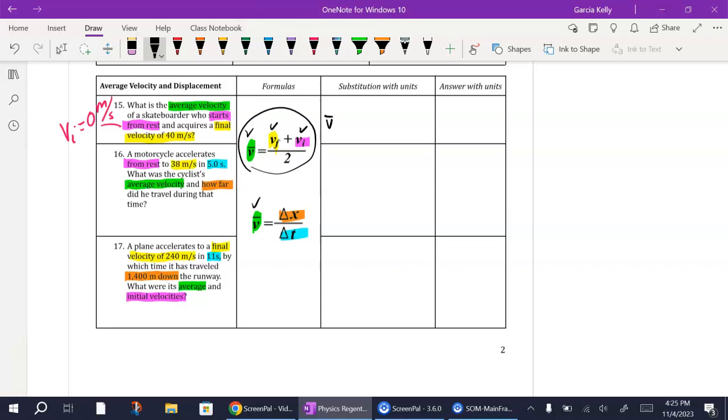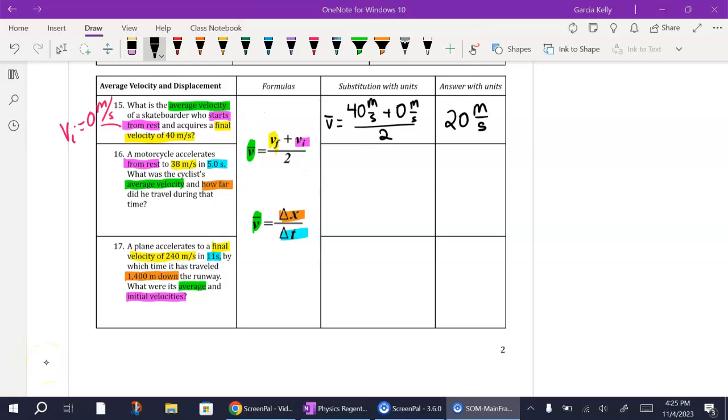Average velocity equals final velocity, yellow, 40 meters per second, plus pink velocity, which is 0, my initial, all over 2. So 40 plus 0 divided by 2 is 20 meters per second.